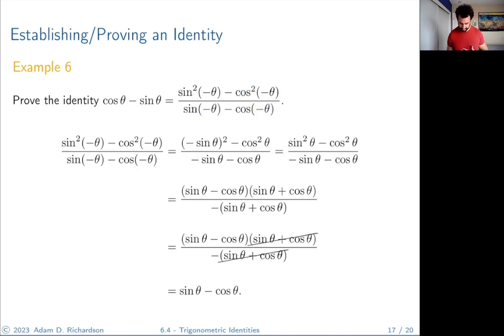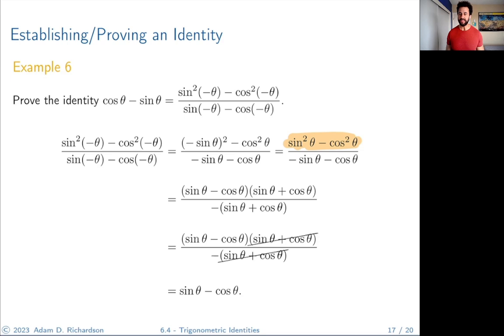Starting on that side, I'm going to just apply all of the even odd properties at once. Sine negative theta becomes negative sine theta, cosine negative theta just becomes cosine theta, and so on and so on. There we go. Now, there's something cute that happens here in the numerator. Take a look at this structure right here. Let me erase the other pieces here.